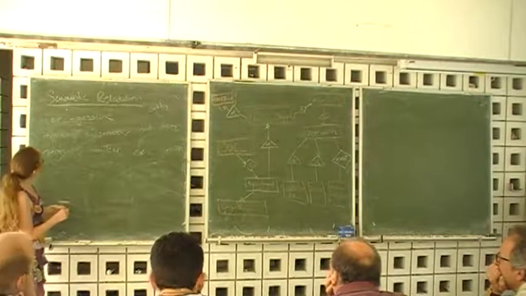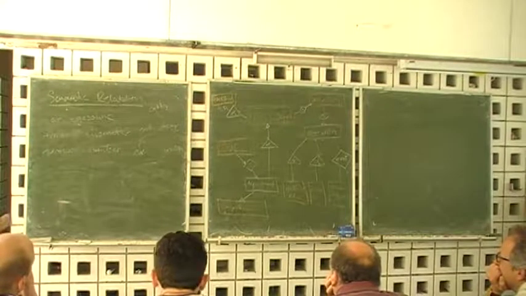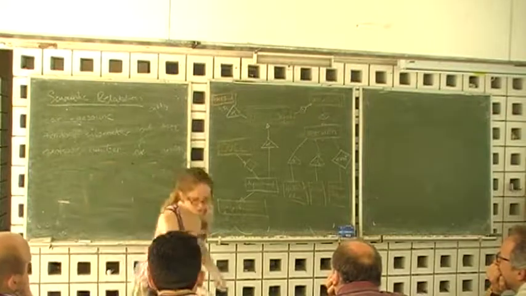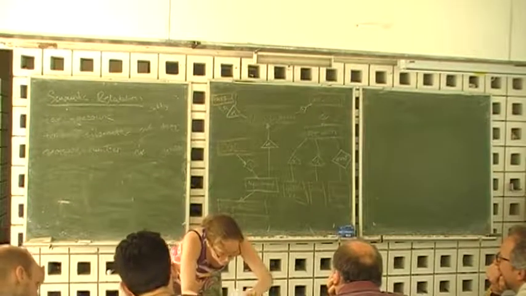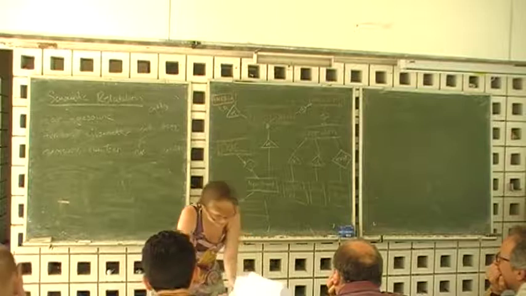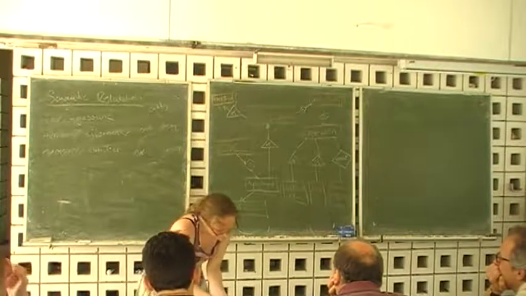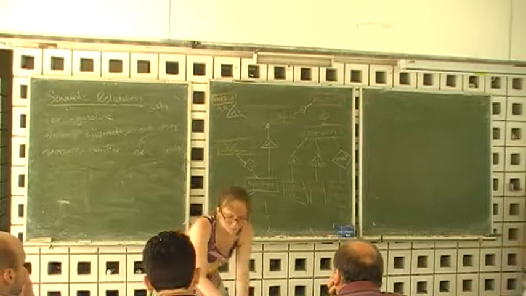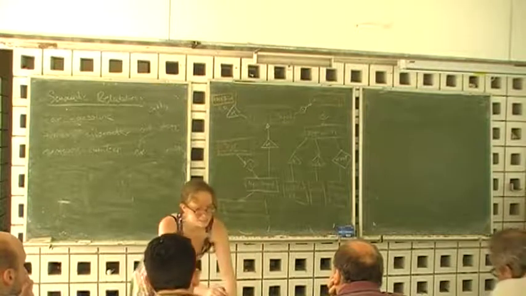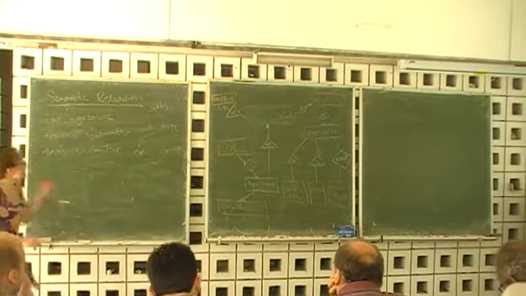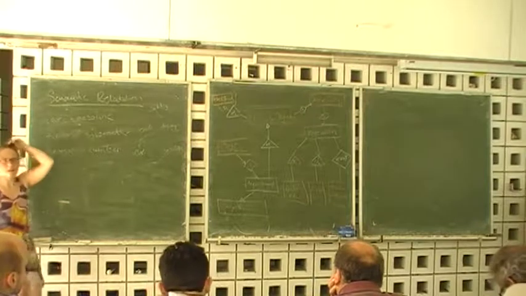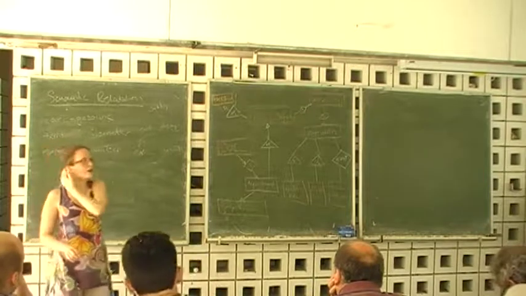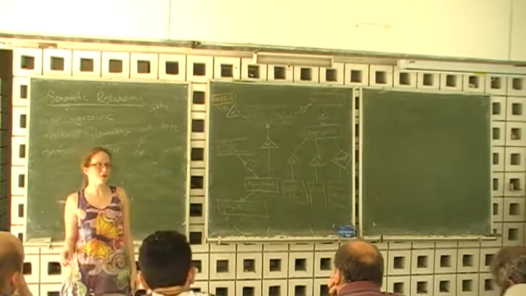So, let's do some semantic relatedness on here. The pursuit of Wikipedia uses a concept called the distributional hypothesis.